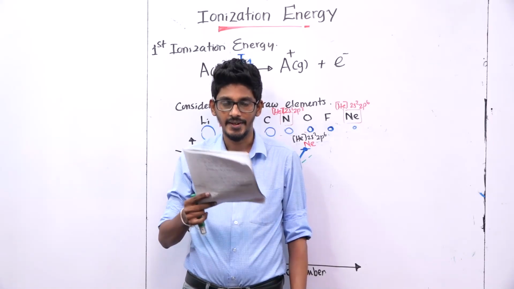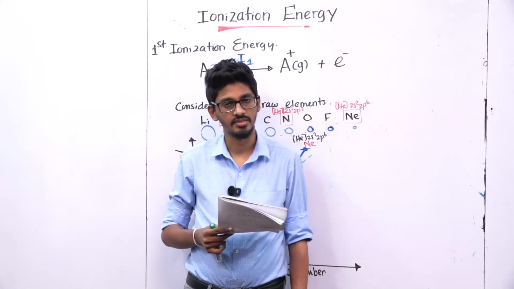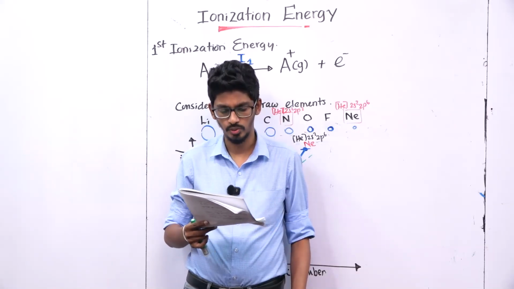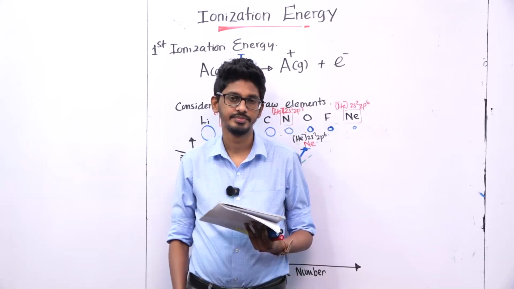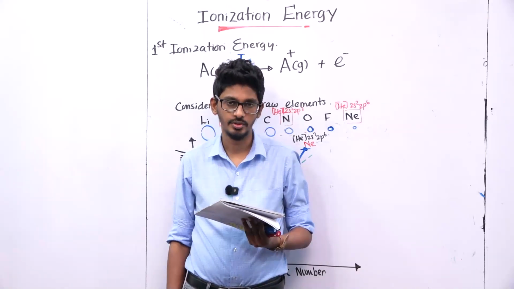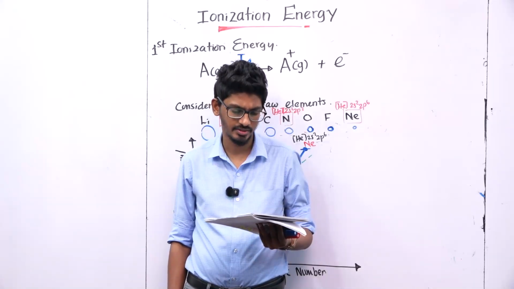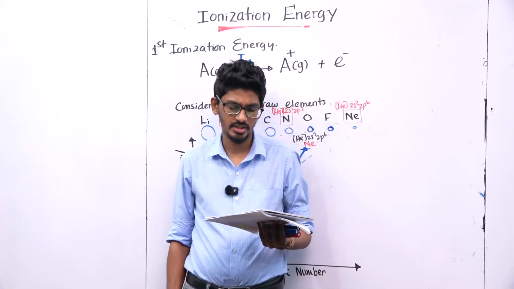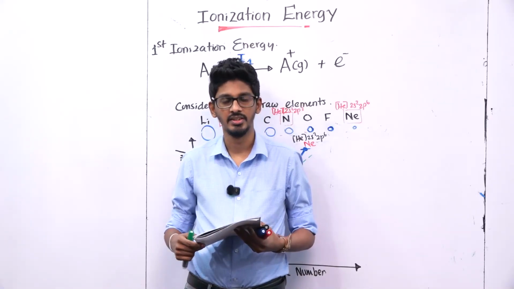At the next line, just write so, in normal color. Come to red color again. Just write: group 1 element shows the lowest I1.